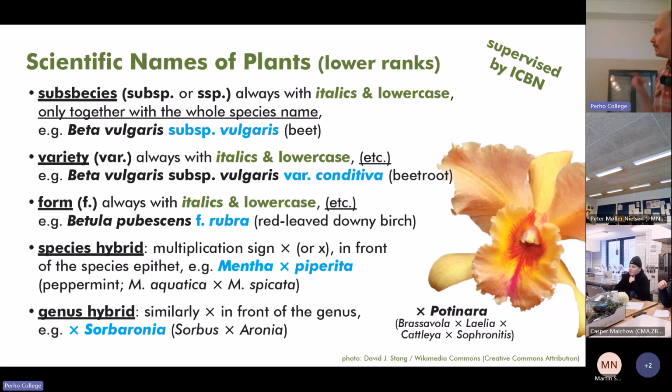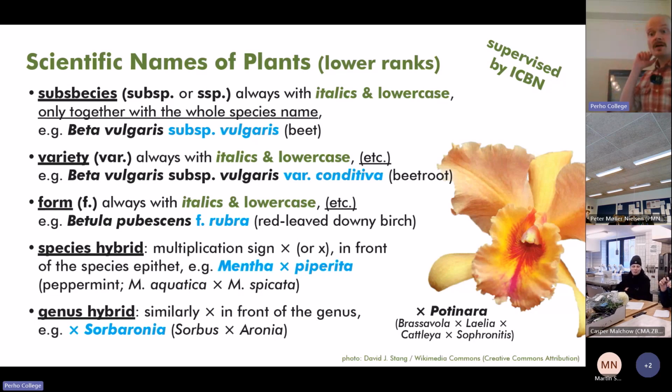And when you say these scientific names out loud, you don't say this X. So you would say Mentha piperita or just Sorbaronia. Orchids are famous for intergeneric hybrids, so hybrids between different genera.